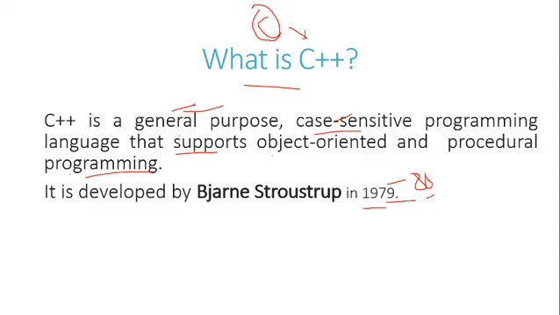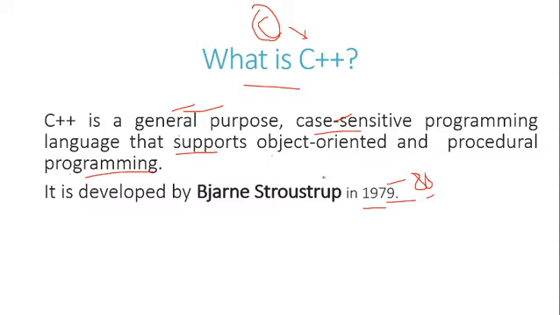Case sensitive means C++ differentiates the meaning of small letters and capital letters. So we can say that C++ is a case sensitive programming language, and it's a feature of C++.